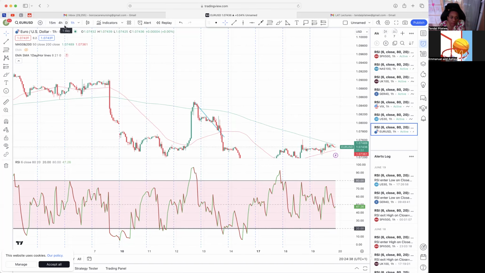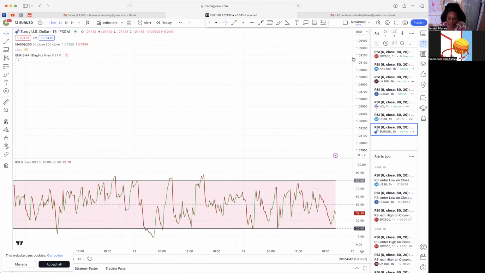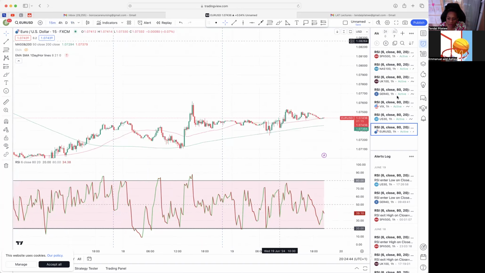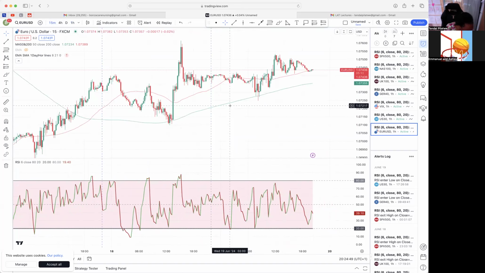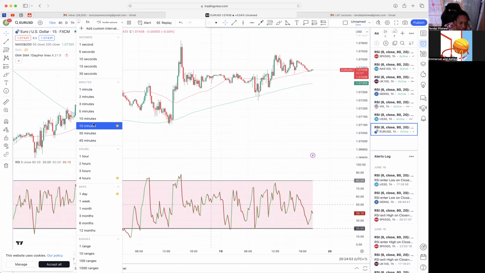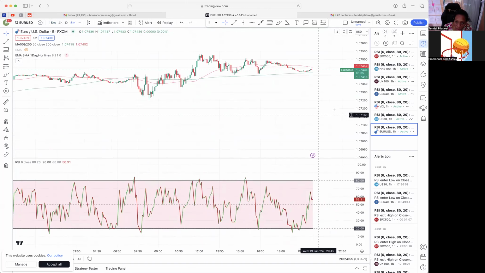I'm on the 1 hour. With scalping, we always move to smaller time frames. We move to 15 minutes. This is a 15-minute chart right here, and we can also check the 5-minute chart.